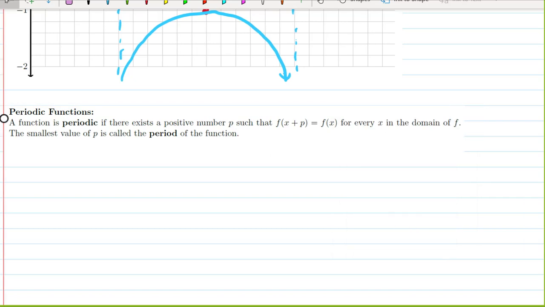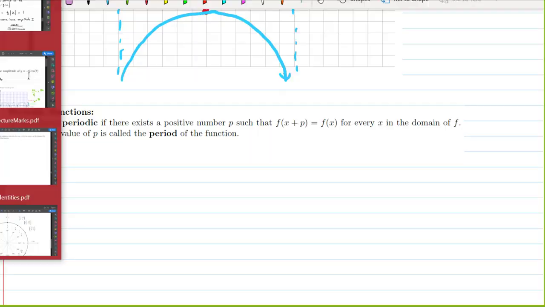A function is periodic if there exists a positive number p such that f of x plus p equals f of x for every x in the domain of f. The smallest value of p is called the period of the function.